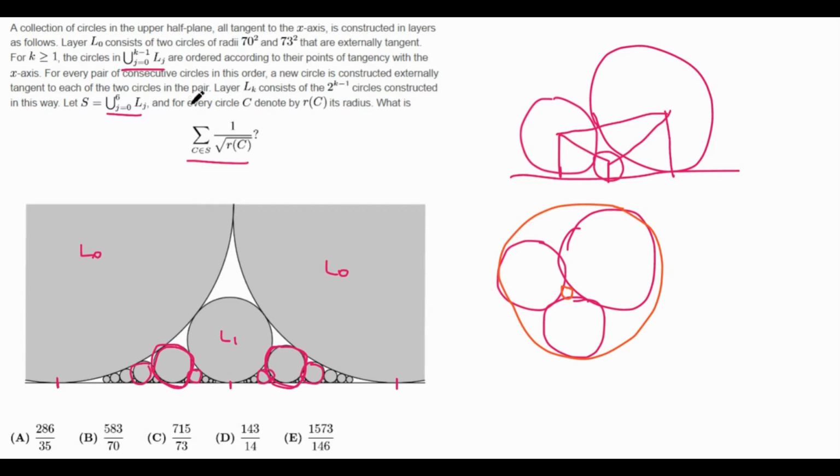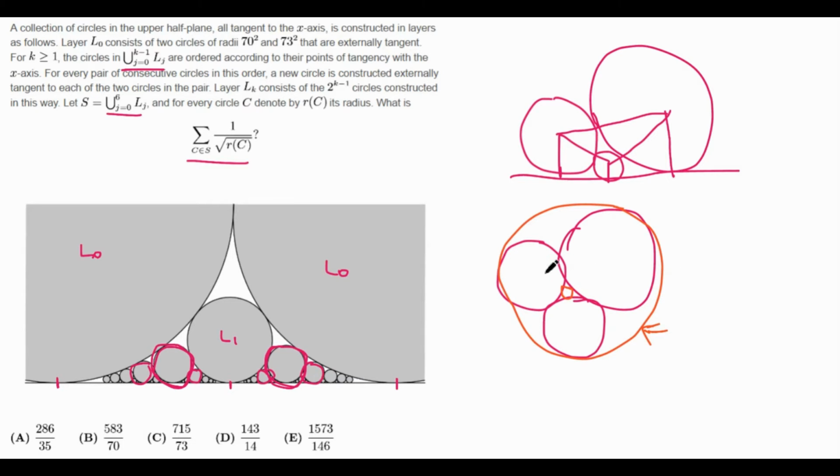However, there is a special case in which the circle is internally tangent, for example this circle, for which the curvature is in fact the negative of the reciprocal of the radius. However, in this case we won't be dealing with this, so we can just pretend that the curvature is just the reciprocal of the radius.